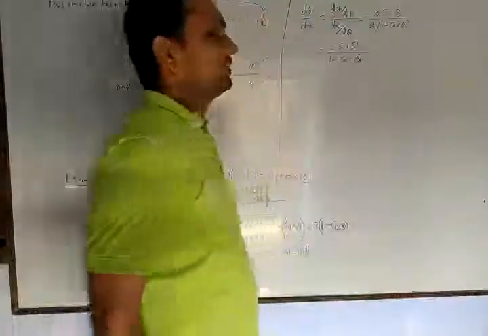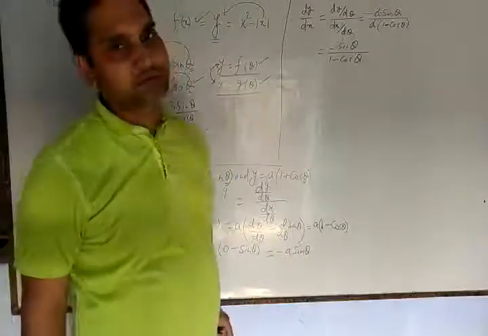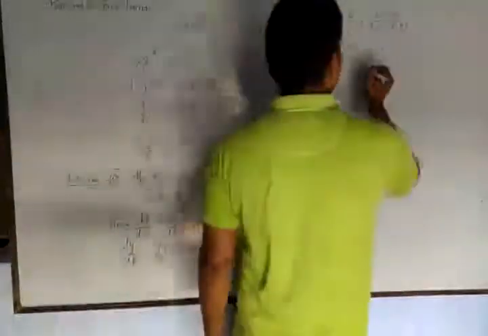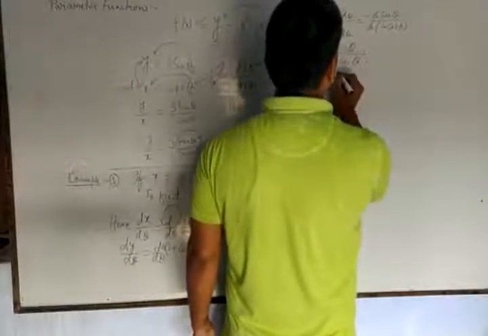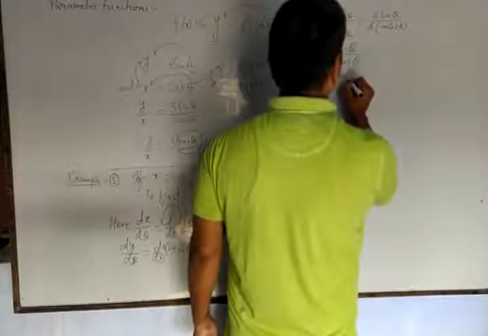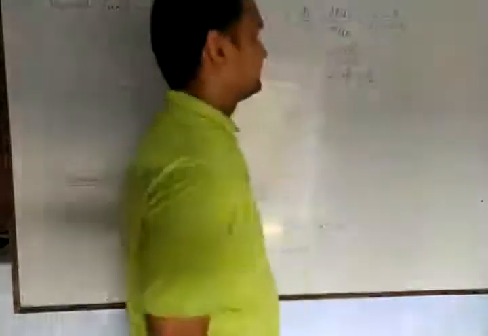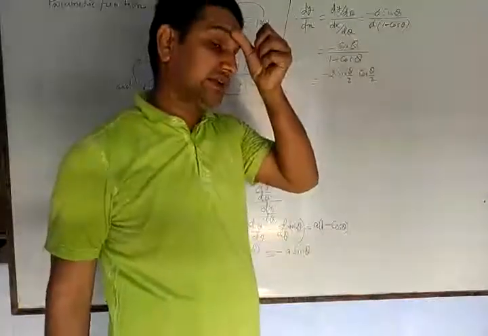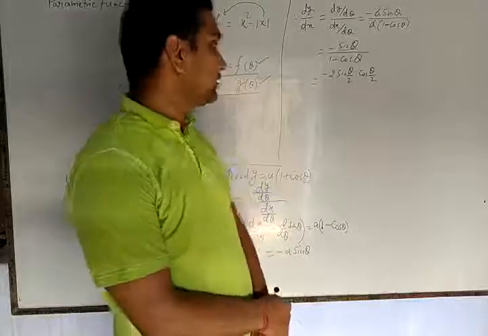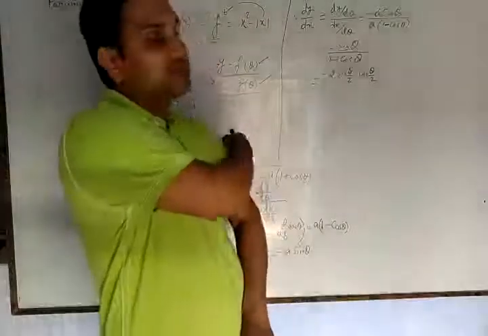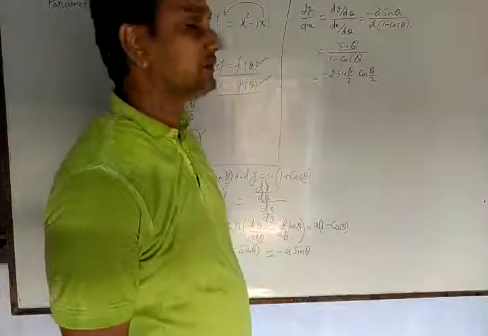Further we know 1 minus cos theta is expressed as 2 sin square theta by 2. Minus sin theta may be written as minus 2 sin theta by 2 into cos theta by 2. Can we write? Yes, we can write. It is the rule of trigonometry and we have seen it in class 11. So sin 2 theta is 2 sin theta into cos theta, so sin theta is 2 sin theta by 2 into cos theta by 2.